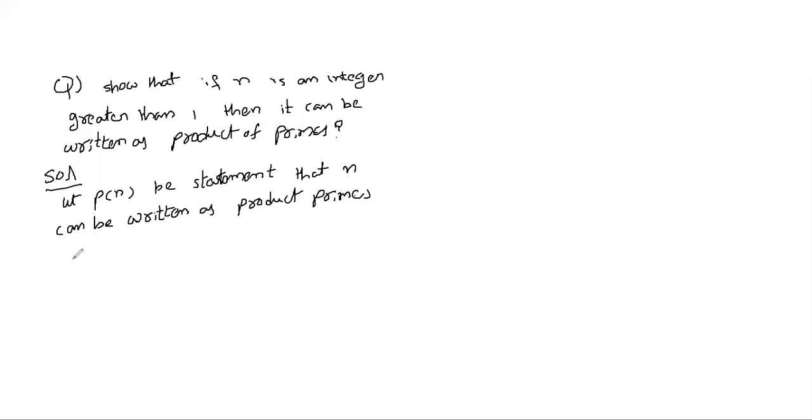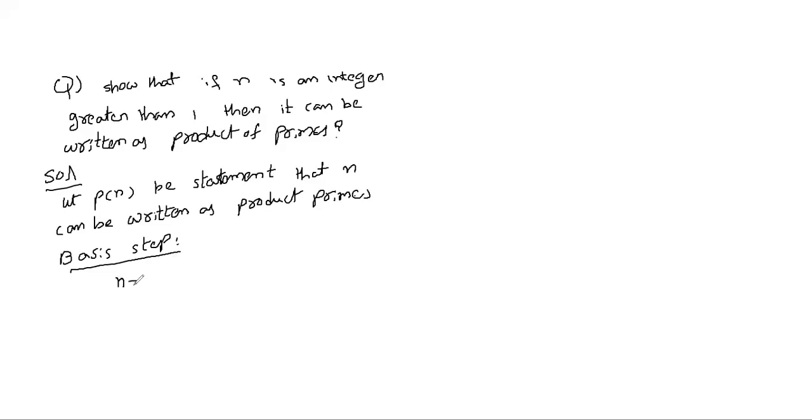So now first the basis step. The basis step is we have to prove for n equal to 1, but prime starts from the number 2. So we go for 2.